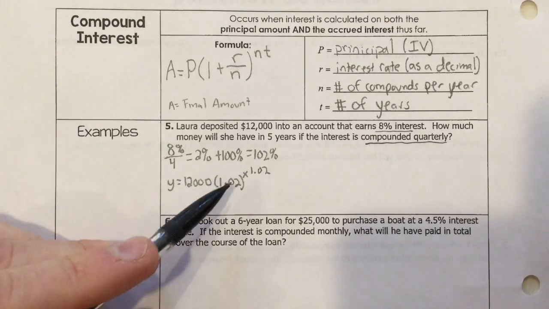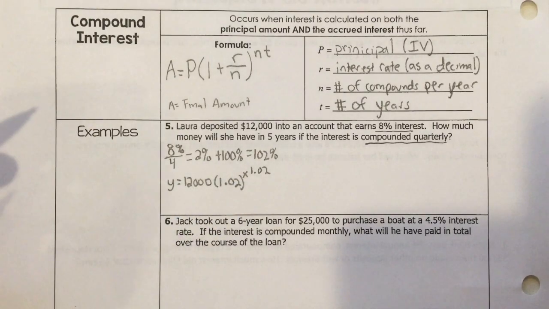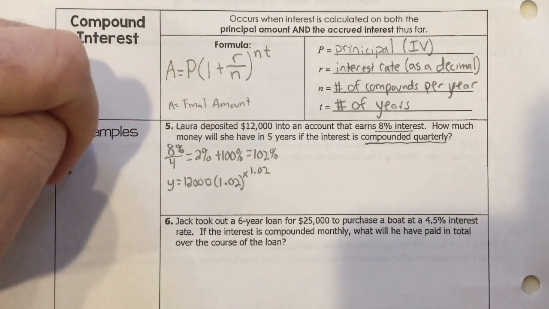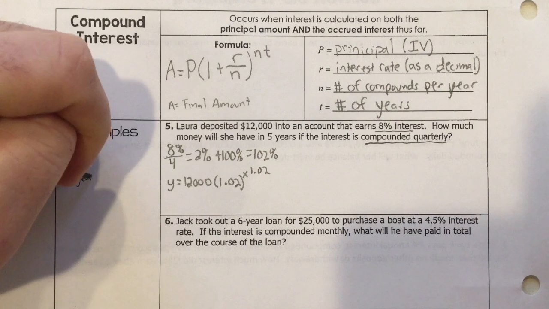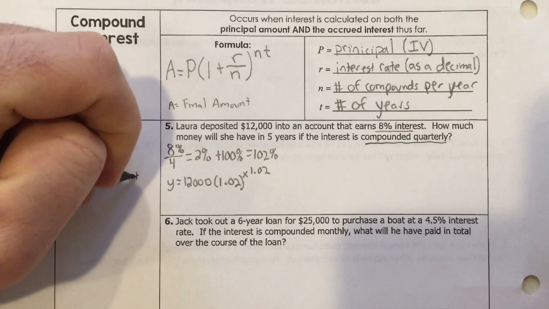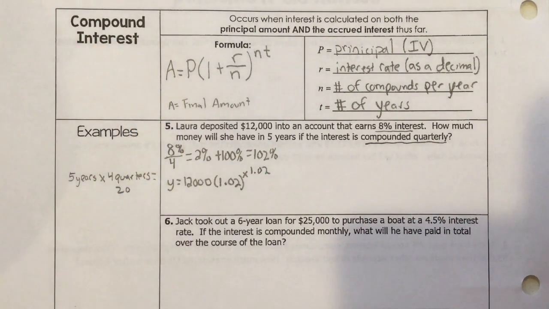And then again, in problems like this, we know that x is the number of times we're getting that interest. We're leaving it in for 5 years, and there's 4 quarters in a year. So we would be putting 20 in for x.